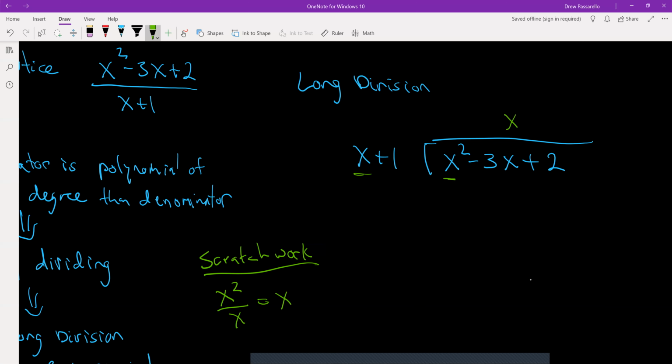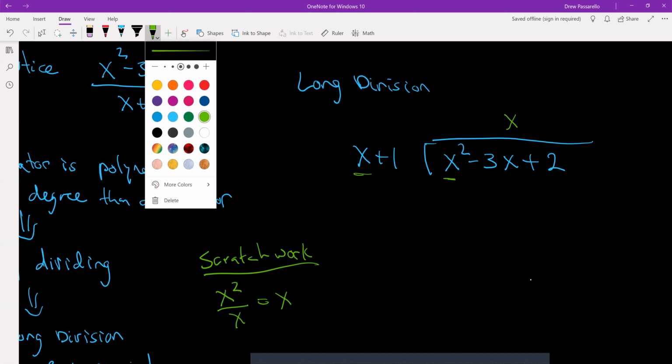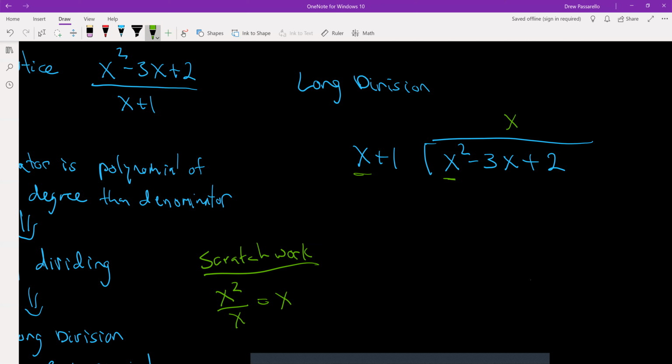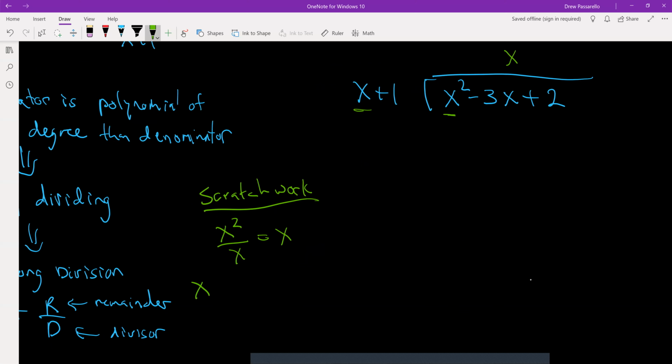So I put x above the term that has x, and then I take x and multiply it with x plus 1. That's x squared plus x. All right, then I subtract that from the x squared minus 3x. I subtract all of that.